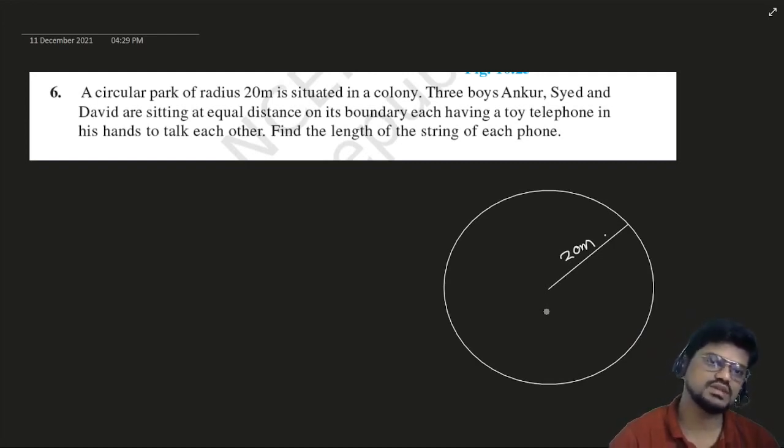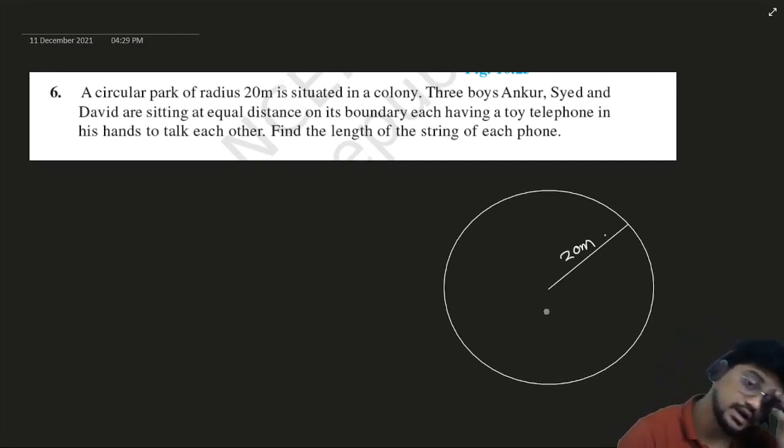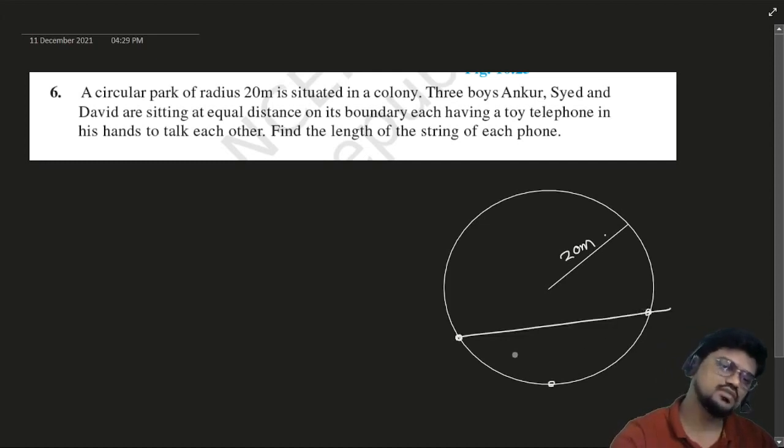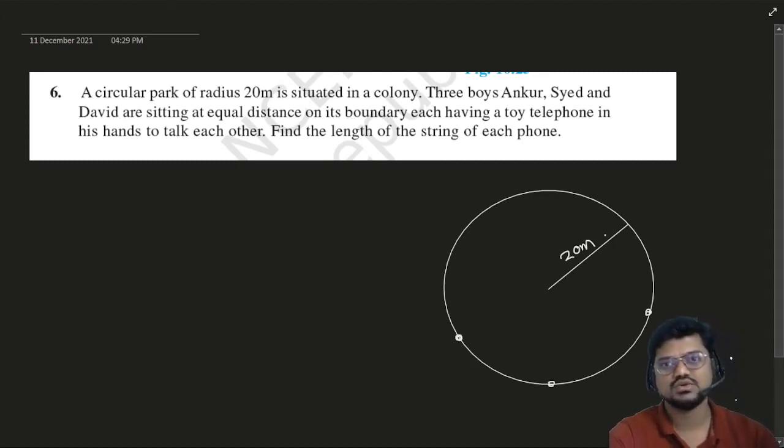Now, these three boys are sitting on the circle and they are at equal distance. See, this is equal to this and this is equal to this, but this will also be equal. Then it will have to be an equilateral triangle, no? Because the distance between all of them is equal. So to make an equilateral triangle, it will be like this.